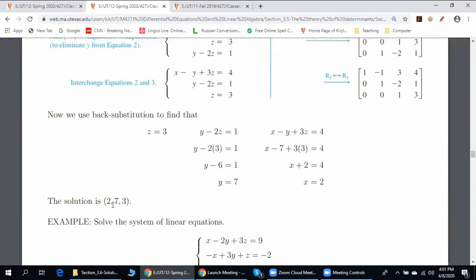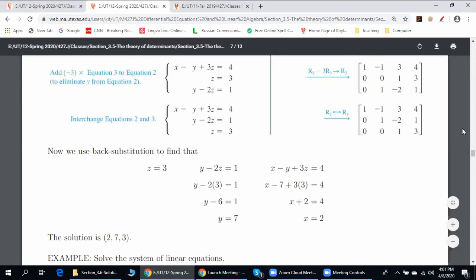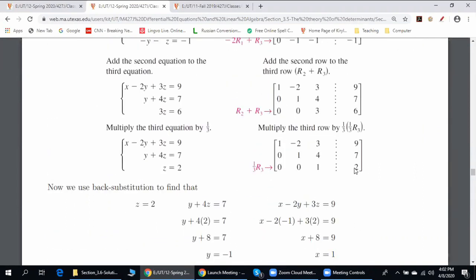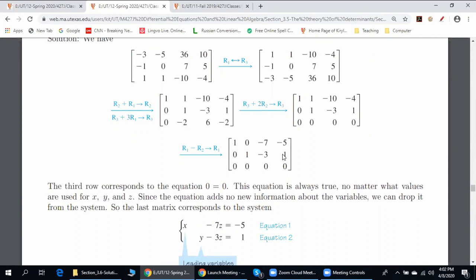However, if we keep going and apply elementary row operations in order to obtain a reduced echelon form here, ones, zeros, zeros, then the last column will be 2, 7, 3.